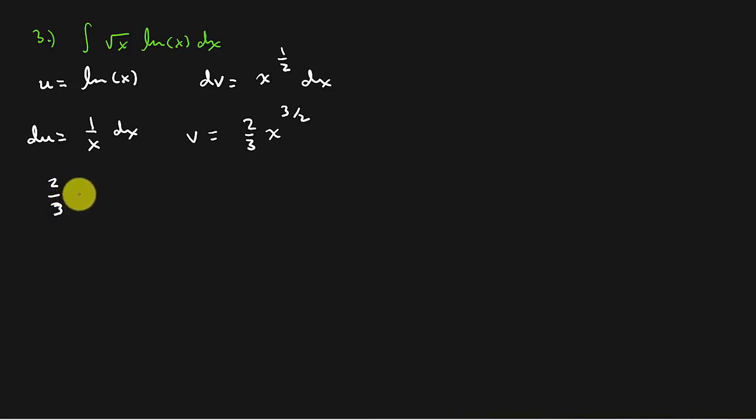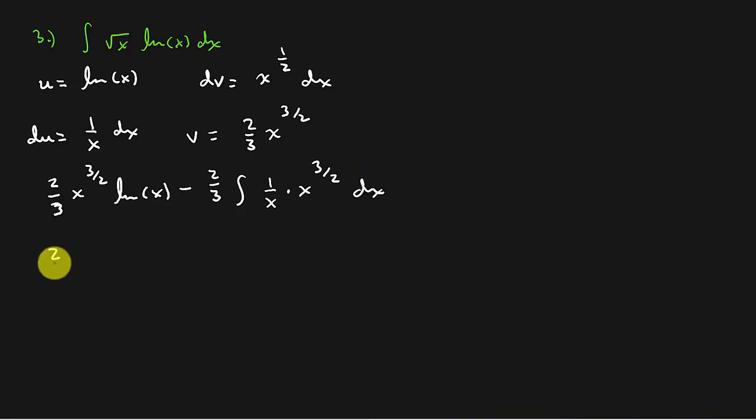2/3 x to the 3/2 natural log x minus, and now I'm going to bring the 2/3 outside the integral, and that's going to be 1 over x times x to the 3/2 dx.